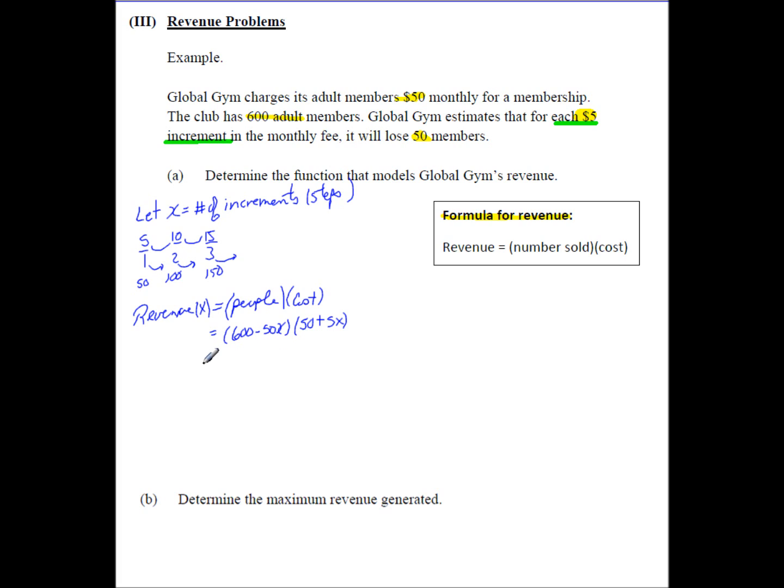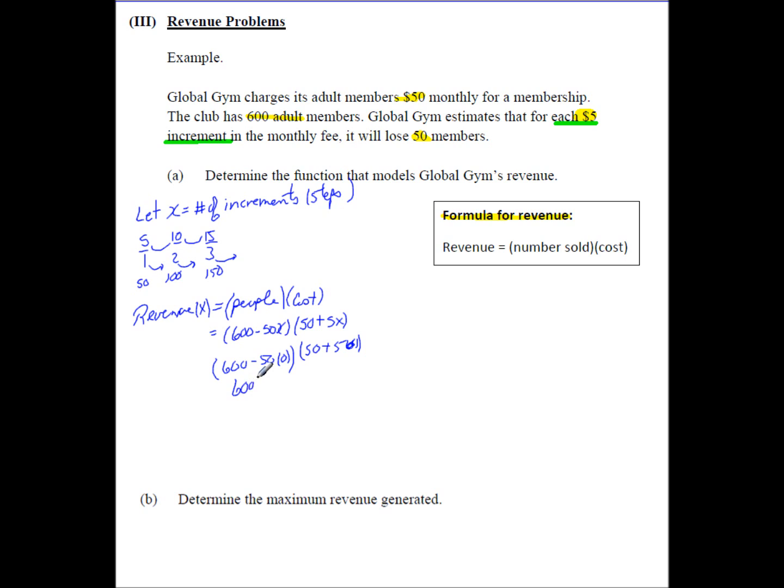So let's go through a straightforward example of this first before we try and solve it. Let's say there are no increments. Let's say they don't put it up by $5. So it starts off in the beginning, there are no increments, so leave the fee alone. So it's $50, and they're not going to step it up at all, so it would be 0.